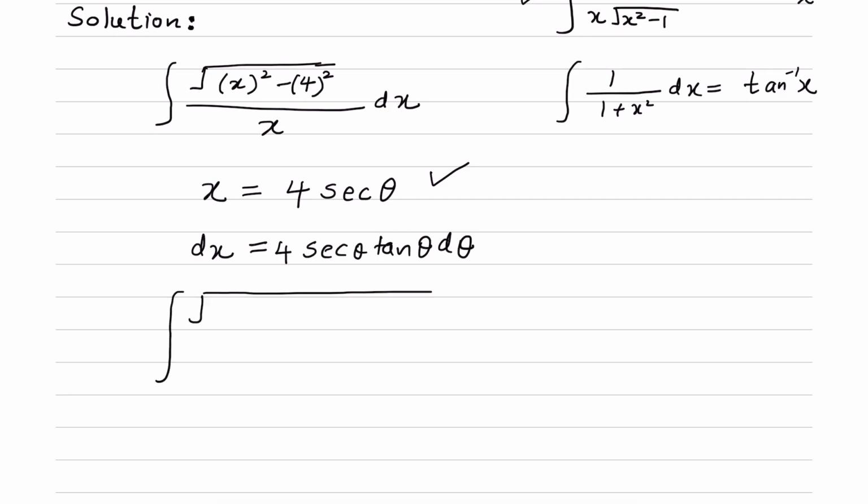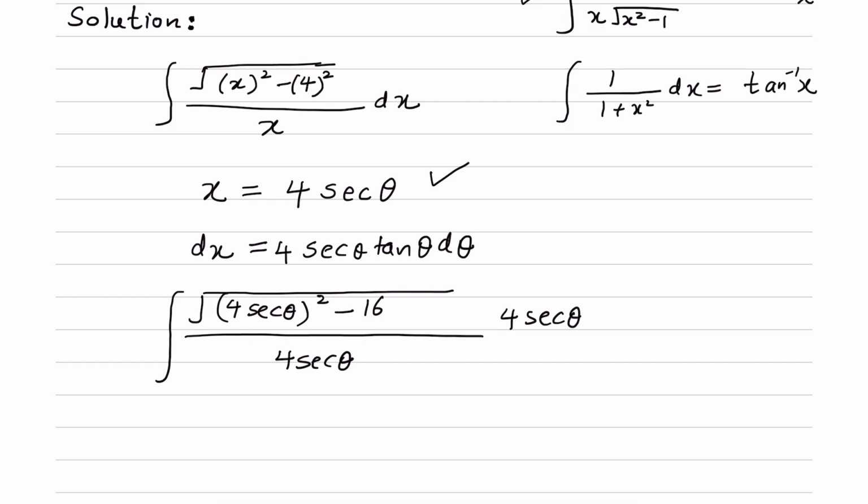In place of x we have the square root of 4 secant theta whole squared minus 16, which is the square of 4, divided by x, which is 4 secant theta. dx is 4 secant theta tan theta d theta.